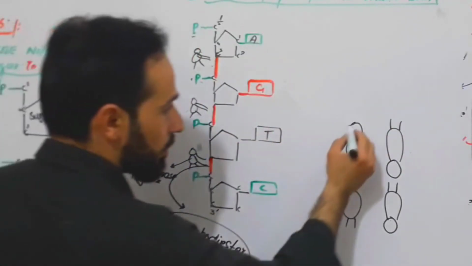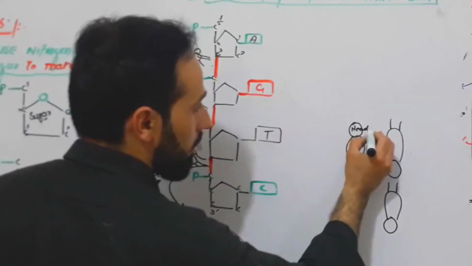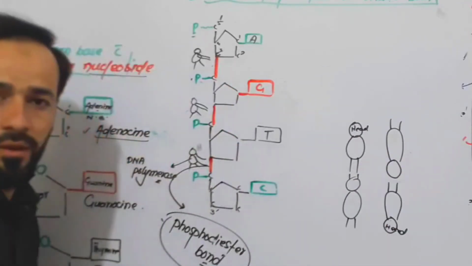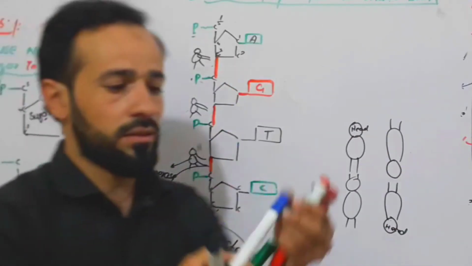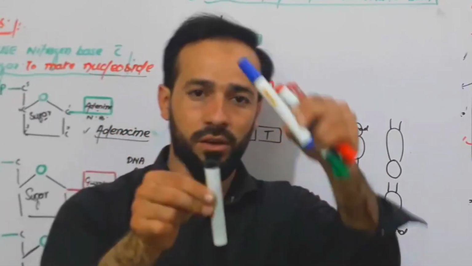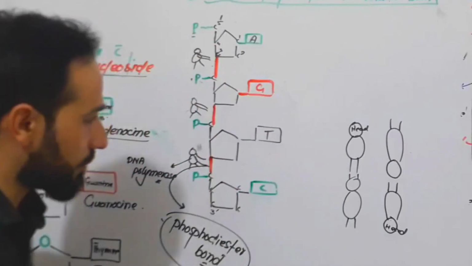So upside down: this is the head above, and here is the head downward, right? So they will be like this, upside down. Okay, let's go for it.